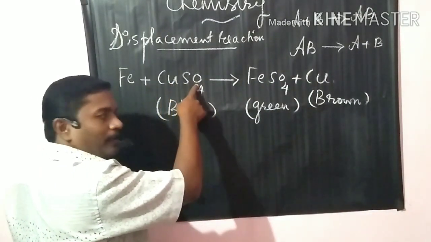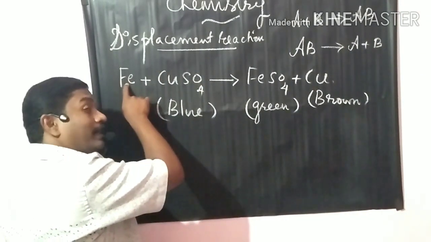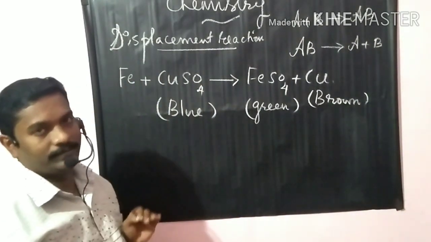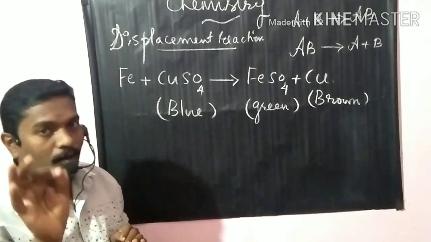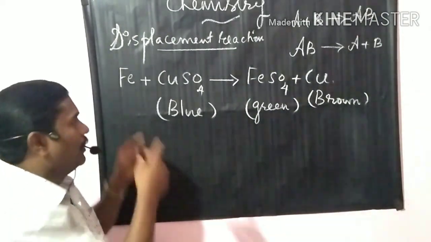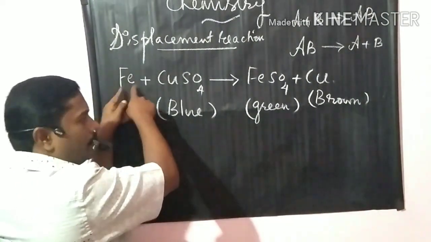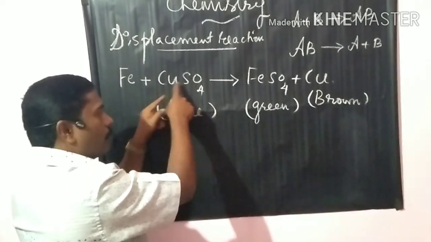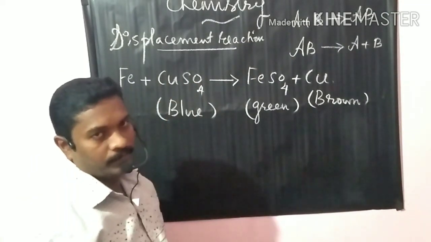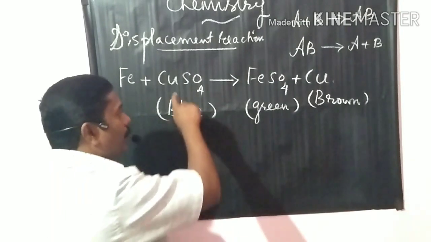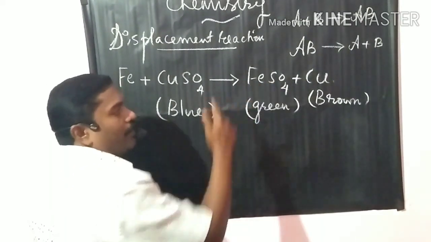So the chemical change taking place here is, listen, iron displaces copper from copper sulfate solution, and therefore it changed to ferrous sulfate.